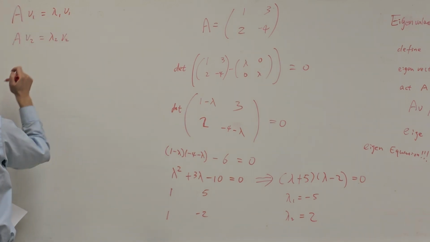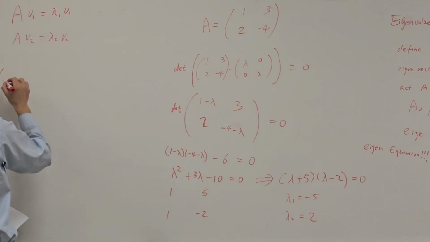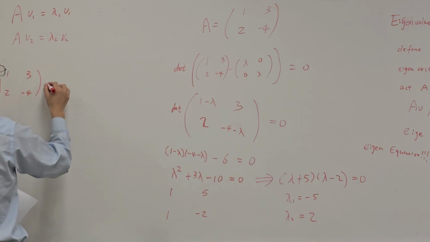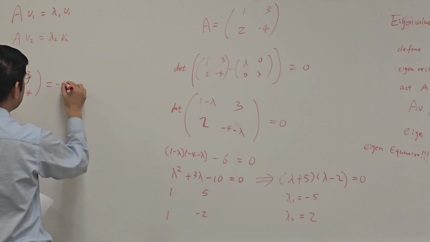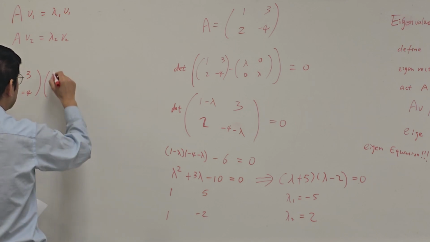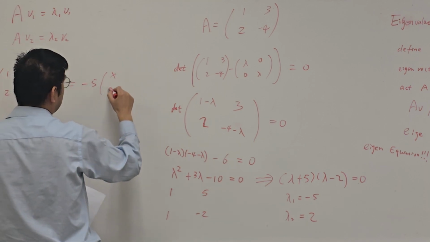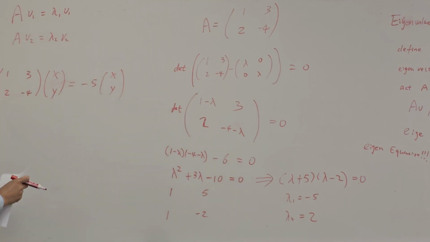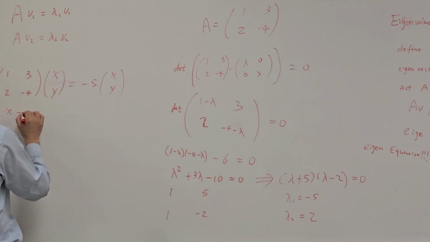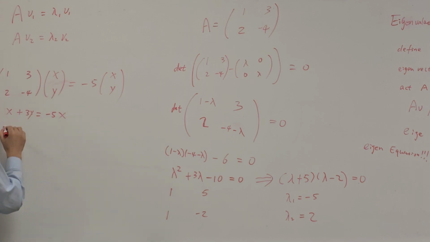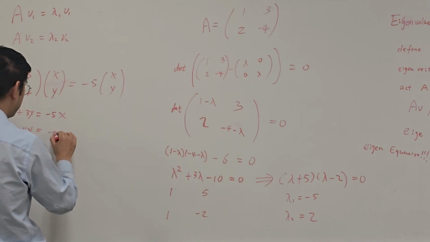So now we can build this equation: the matrix 1, 3, 2, minus 4, times a vector we're trying to solve, x, y, equals minus 5 times x, y. Solving this linear equation gives us x plus 3y equals minus 5x, and 2x minus 4y equals minus 5y.